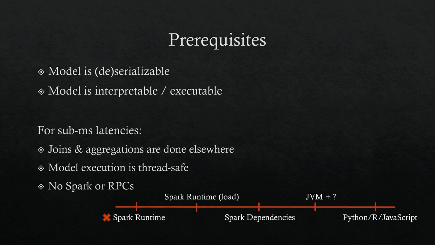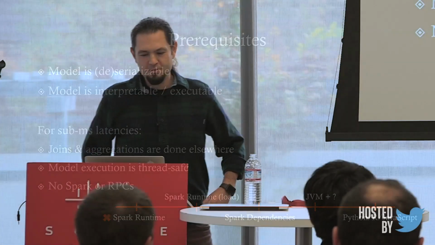You can still do some simple joins, but one-to-many and many-to-many joins are cross products. Sometimes you actually do need cross products, but they have to be done in the training phase. You don't do them at your scoring time. The execution of the model has to be thread safe, and as I mentioned, Spark is probably a no-go.